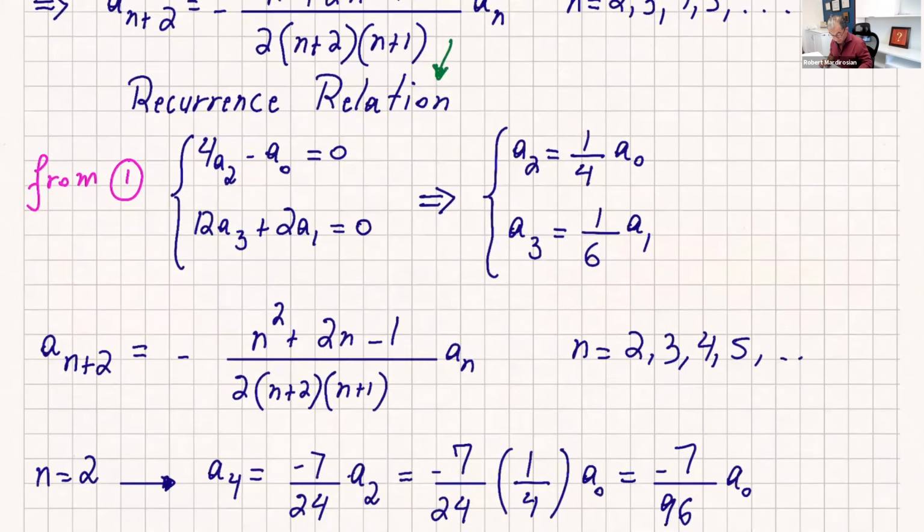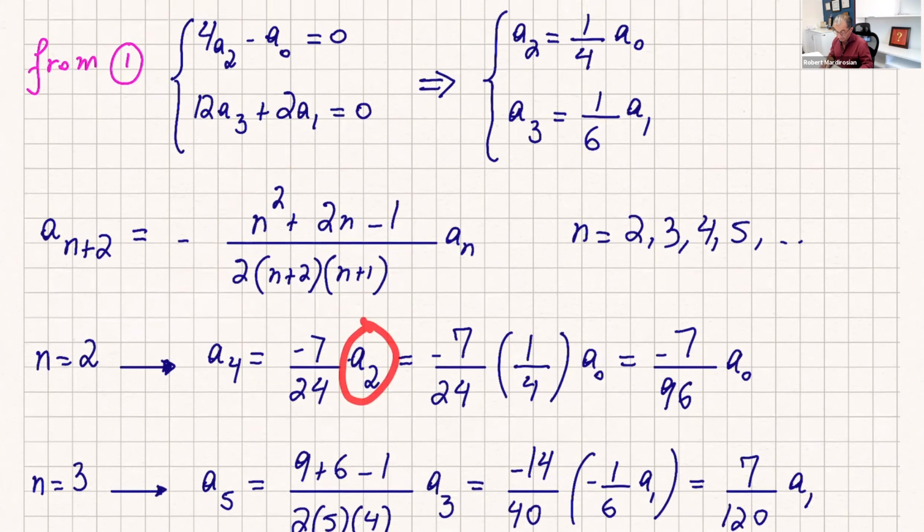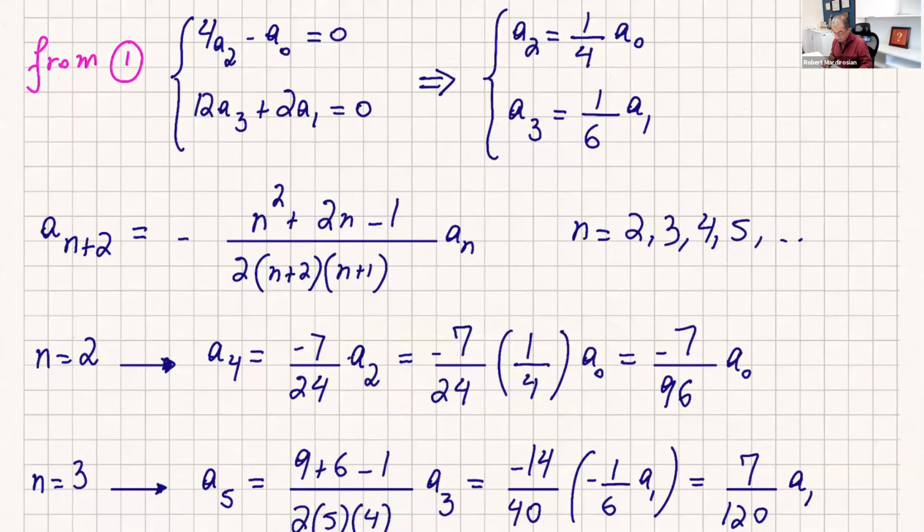Now, why did we do this? Here we're going to start, if n equals 2, then you can say a4 equals, and if you calculate that, you get negative 7 over 25 times a2. But a2 from here, we know it's 1 over 4 times a0.